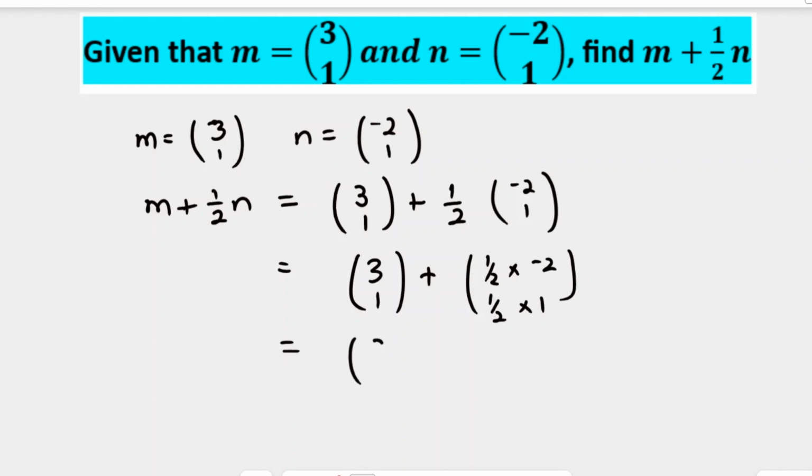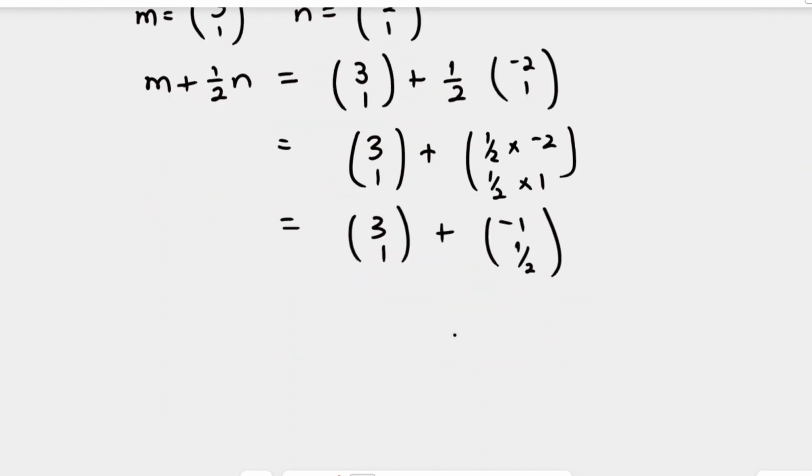We have 3, 1 plus, let's come to this one. Half of -2 is going to give me -1. And half of 1 is going to be half. So that is it. We can add the corresponding components. So we have 3 plus -1.